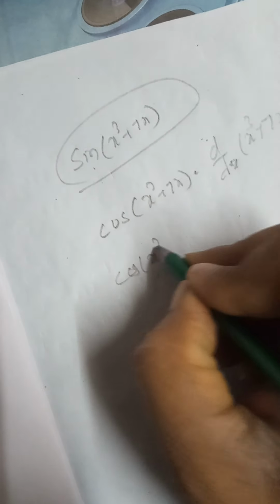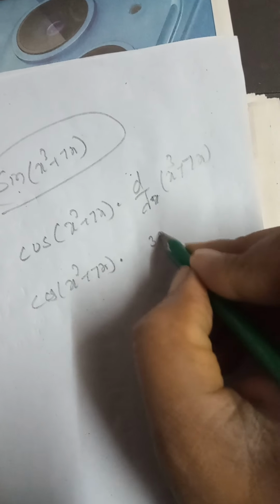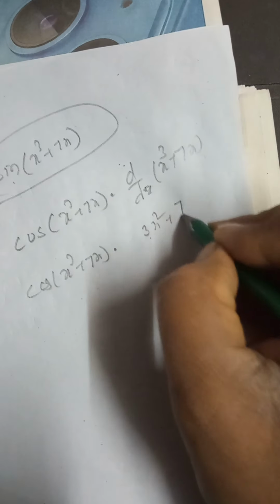Suppose sine of x cube plus 7x. What is the differentiation of sine? It is nothing but cos of x cube plus 7x into d by dx of the inner function x cube plus 7x. Cos of x cube plus 7x into the differentiation of x cube, which is 3x square, and the differentiation of 7x is 7. This is the answer, right?